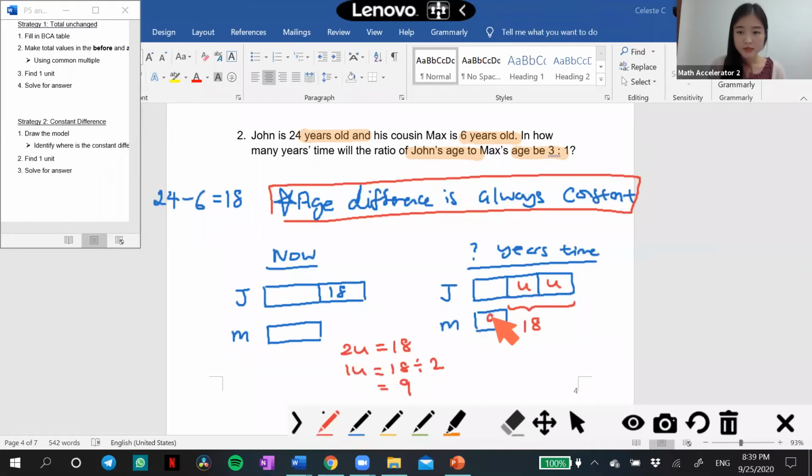So Max will be 9 here. And right now, he's 6. So how many years have passed? Okay, great. A lot of you found it already. From 6 years to 9 years, the difference, okay, 3 years. So 3 years have passed.